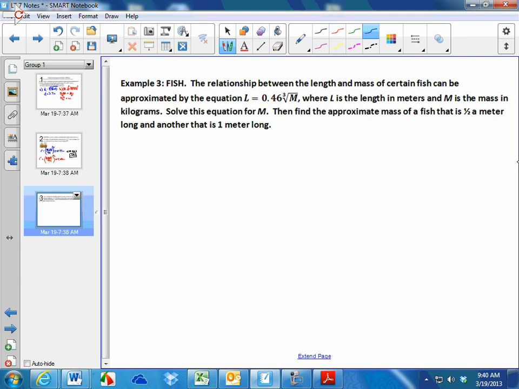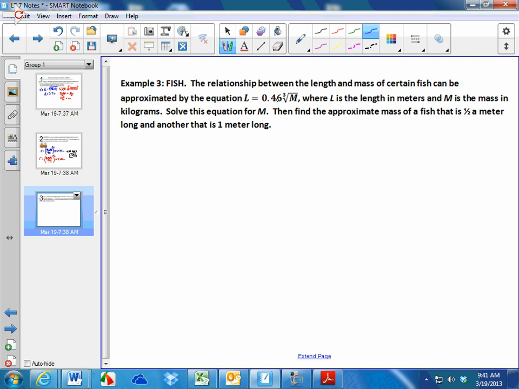First, let's talk about solving for m. You see the L equals 0.46 cube roots of m? The way that we would say that in math would be that's L in terms of m. Which means this equation is set up to plug in what numbers? It's easier to plug in for which one? To plug in for m here.